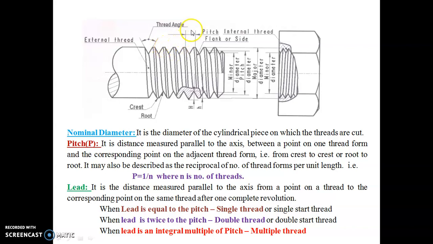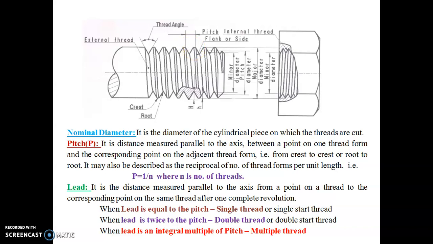Suppose here they have shown the pitch. The distance between this point and the adjacent thread, this point is called as a pitch, and this is measured parallel to the axis. So pitch is the distance measured parallel to the axis between a point on one thread form to the same point on the corresponding thread form.